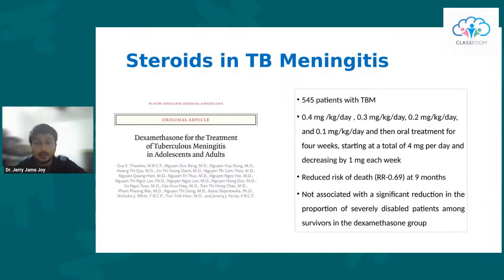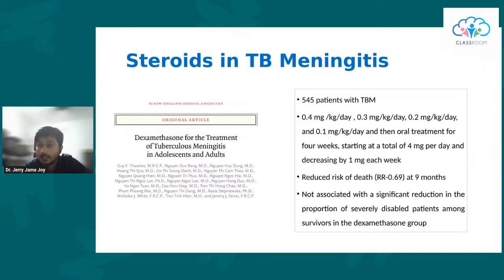So next is tubercular meningitis. The basic principle is that it reduces the meningeal inflammation and the arachnoiditis. This was a study by Thwaites et al., the Vietnam study, where they recruited 545 patients with tubercular meningitis.